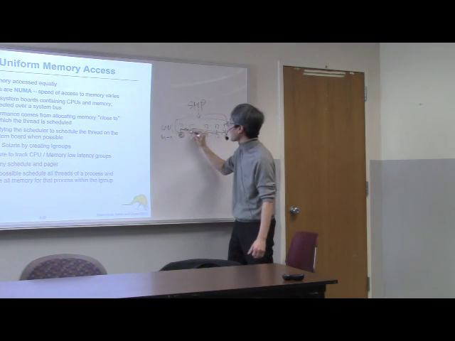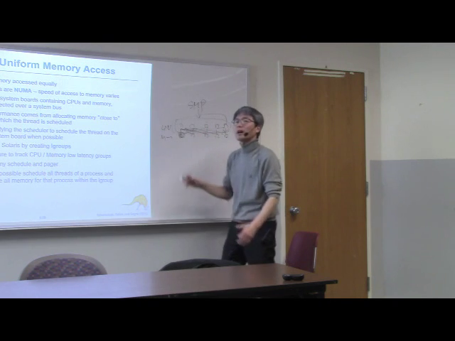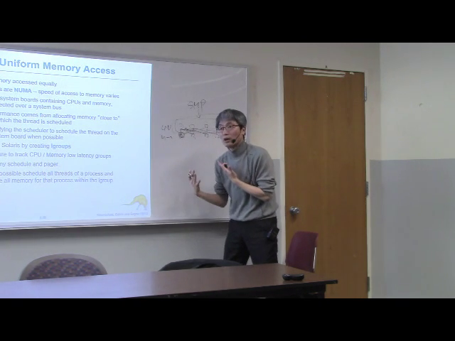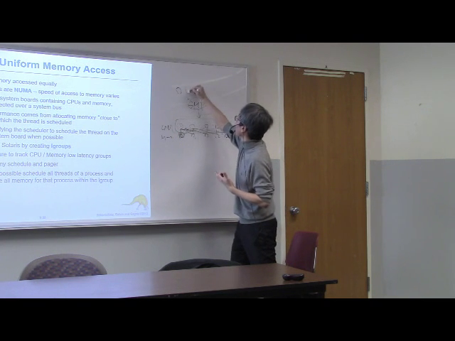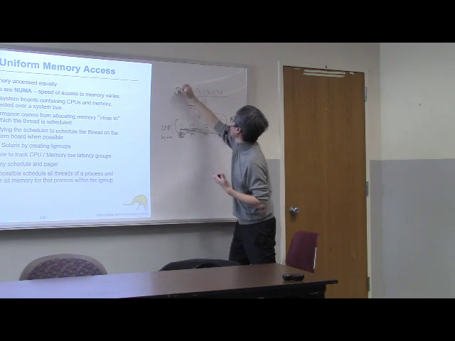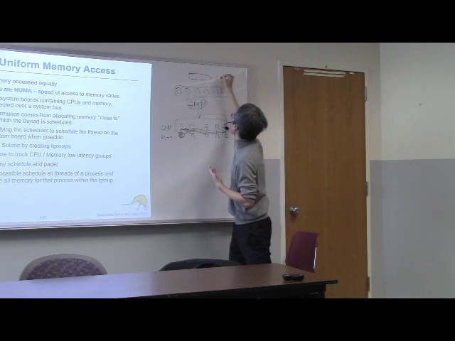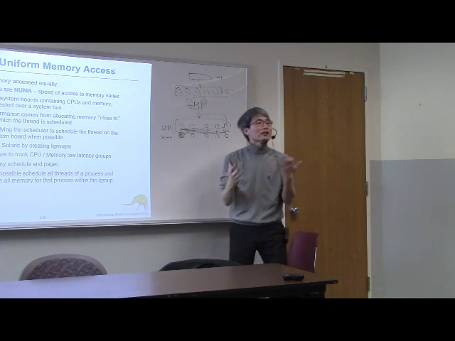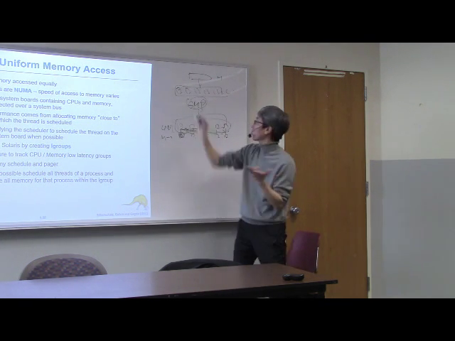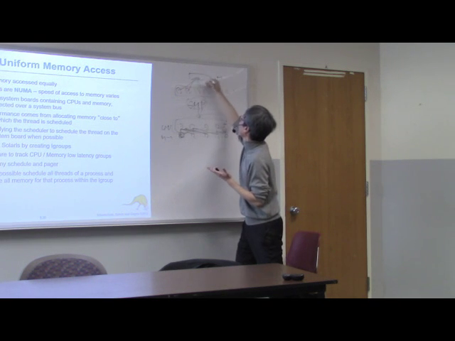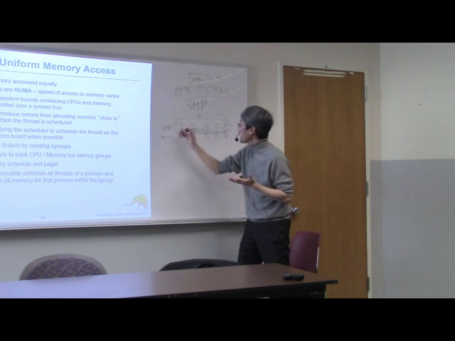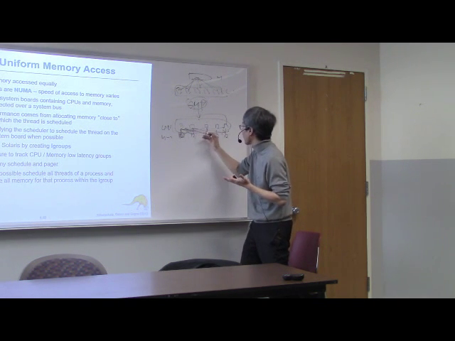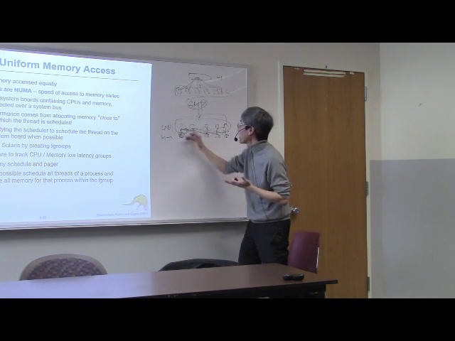Then it can be accessed by another CPU, but it's slower. So non-uniform. In SMP, you have the CPU and the memory, and it's uniform, the same chance. If it's changed, then another process can access it.